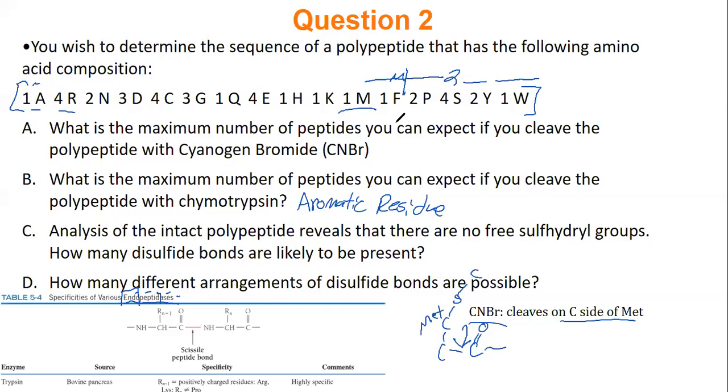Will cleave either on the N or C side? That is a very good question. And I believe it cuts on the C side as well. So we have a 3. We have a 6.